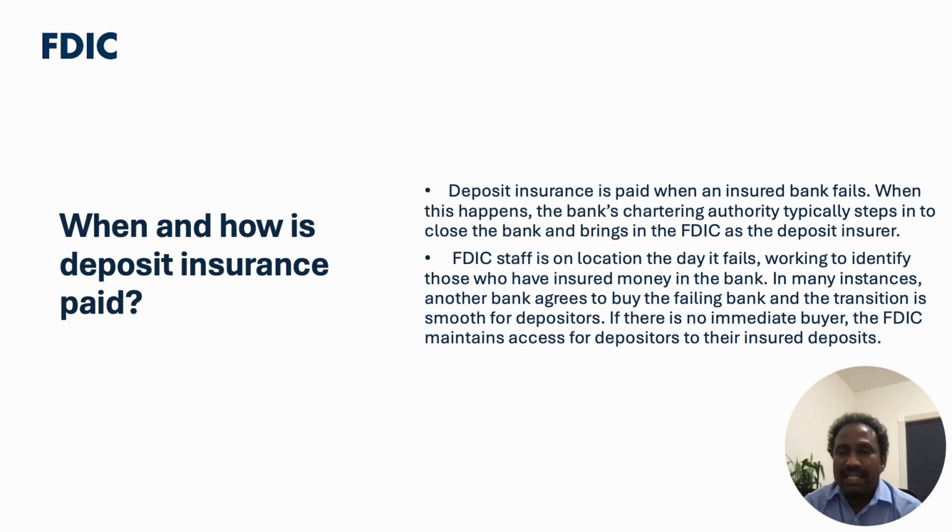When the bank fails, the FDIC comes into the discussion, and the FDIC has the information. Why? Because every quarter the bank keeps sending account-level information to the FDIC, so the FDIC has accurate information.